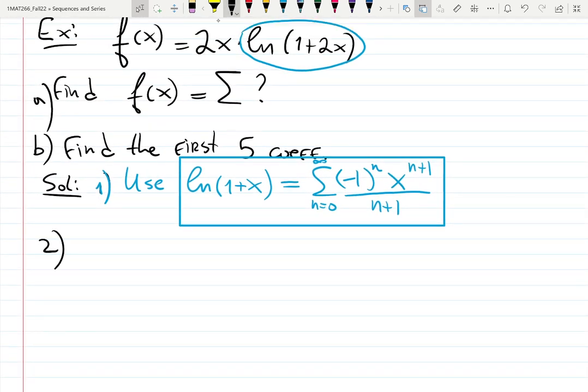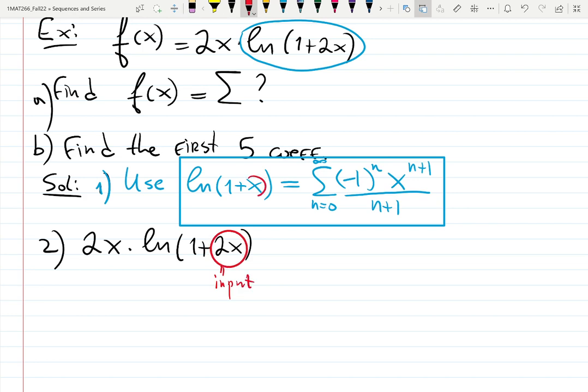Step 2. Okay, let's figure out 2x times ln of 1 plus 2x. The 2x in front will wait for some time to be distributed later. What we're gonna do is figure out the 2x situation inside of the log. Basically, this is my new input, where the input in the formula used to be x, now it's 2x, nothing new to figure out.